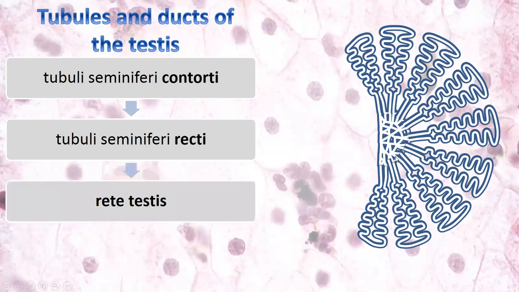Here we can see rete testis. Rete is network, so a network of tubules which collect all spermatozoa from all lobules of the testis, and it's the common site for all spermatozoa of the testis when they are going from the seminiferous tubules. And there is an intratesticular system of different ducts, the seminiferous tract of the testis.